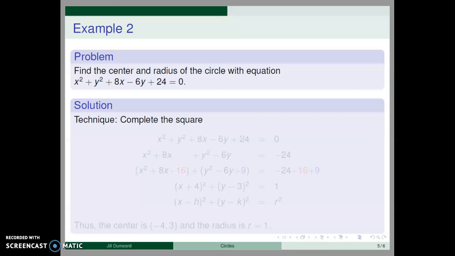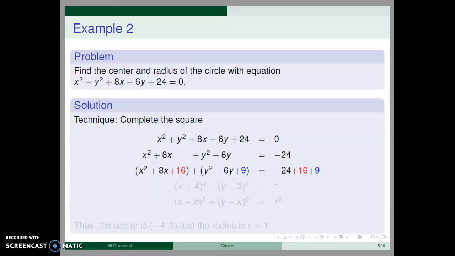Recall that we complete the square on expressions of the form x squared plus bx or y squared plus by. Starting with the given equation, we rearrange the terms on the left-hand side and move the constant to the other side of the equation. Now we have the correct forms to complete the square. We add 16 and 9 to both sides of the equation.